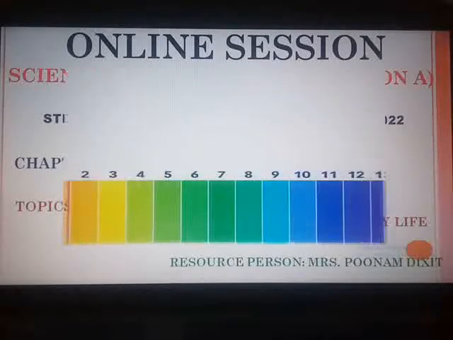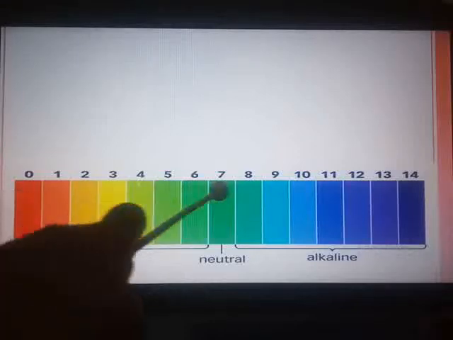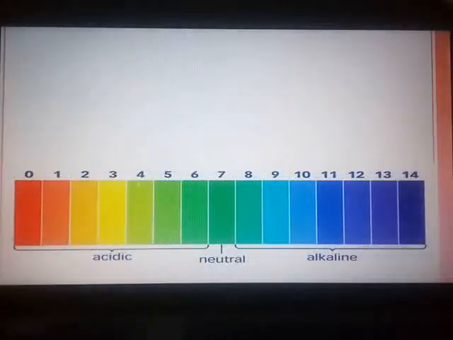There we have seen the different types of salts, and the three types of salts are acidic, neutral and alkaline salts. Now, how do you divide the salts into three types? On which criteria? I told you about this pH scale last time, which ranges from 0 to 14.